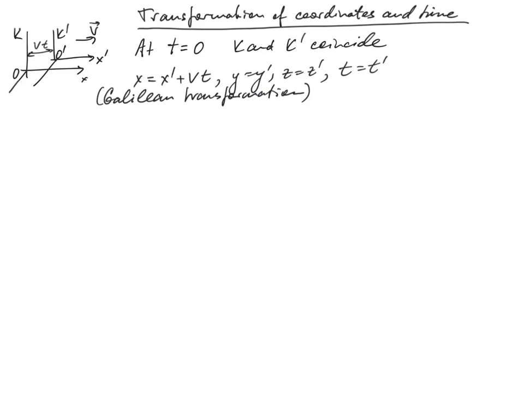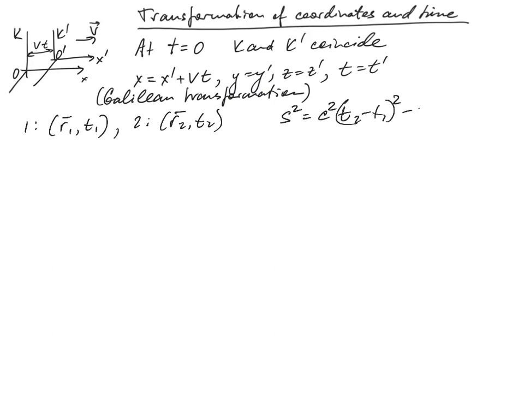We have learned, in particular, that the interval between any two events, event 1 with coordinates r1, t1, and event 2 with coordinates r2, t2, the interval s squared, which is equal to c squared (t2 minus t1) squared minus (r2 minus r1) squared, is the same when measured in any inertial reference frame.